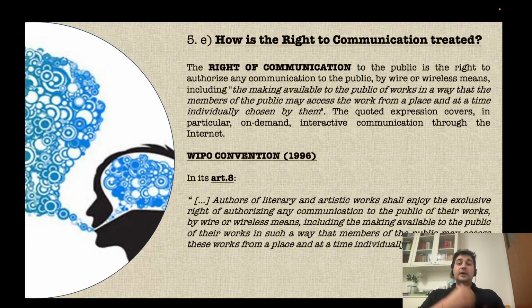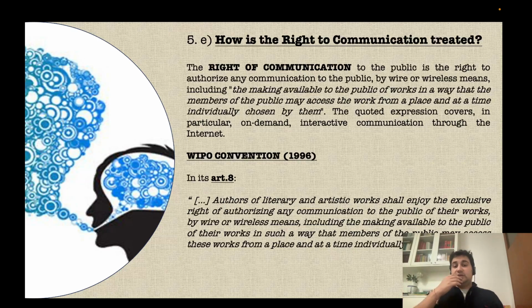Then we go with the right of communication. That is the right to authorize any communication to the public by wire or wireless means, including the making available to the public of works in a way that members of the public may access the work from a place and at a time that is individually chosen by them.